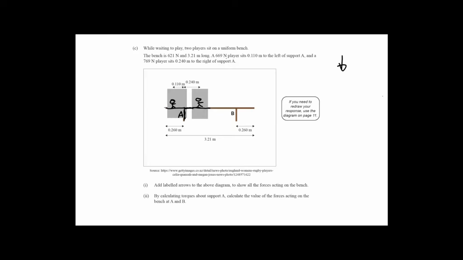A 669 Newton player sits to the left of support A. So let's call this player player 1, and we'll call this player 2. And a 769 Newton player sits 2.4 meters to the right of support A.